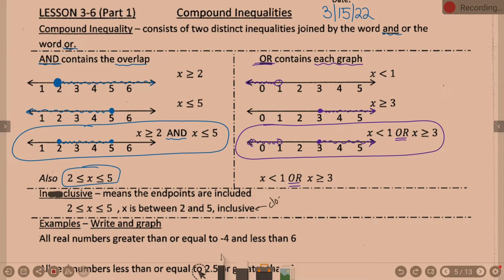So when you hear the word inclusive, think closed circles. That's what you want to think of, that my circles are filled in. Okay? And that's a vocabulary word you need to be familiar with.